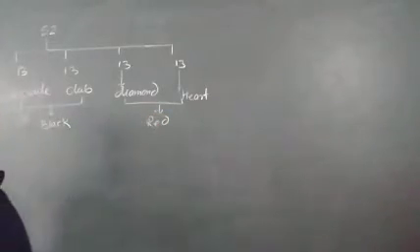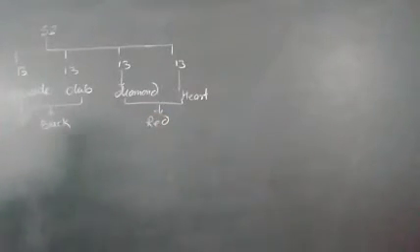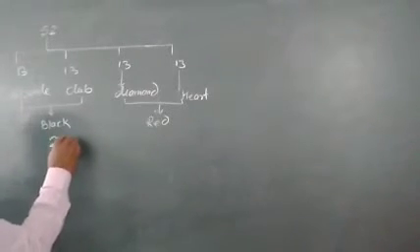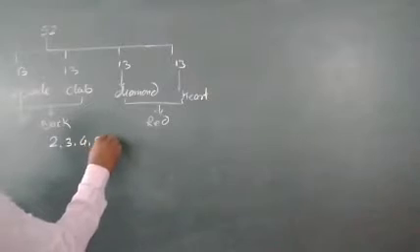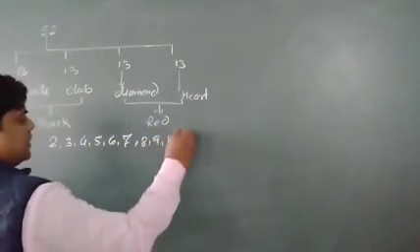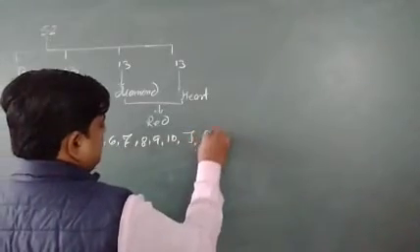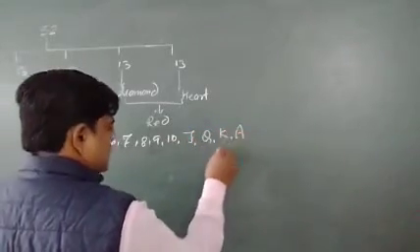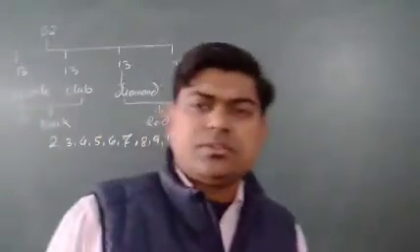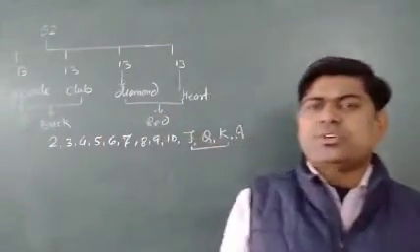In each and every suit, we are having the cards starting with 2, 3, 4, 5, 6, 7, 8, 9 and 10. Then after that I am having Jack, Queen, King and Ace. These 3, Jack, Queen and King, are called the face cards.